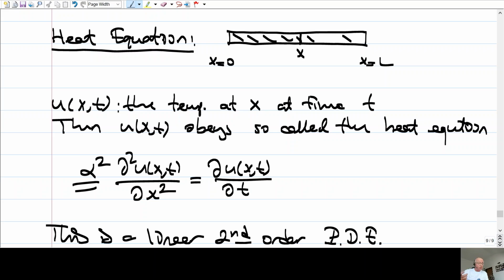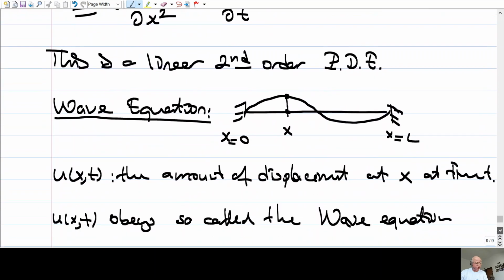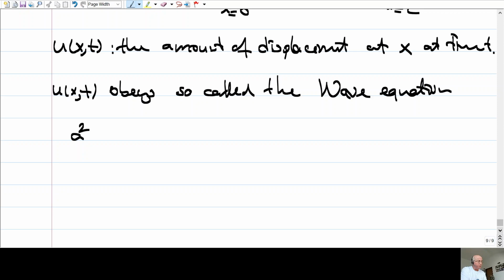It depends on the material the object is made of, okay? And also the surrounding. And here A is also a constant which depends on the material the string is made of.